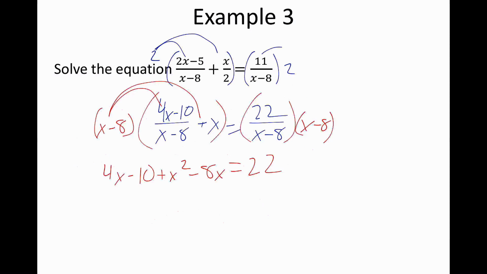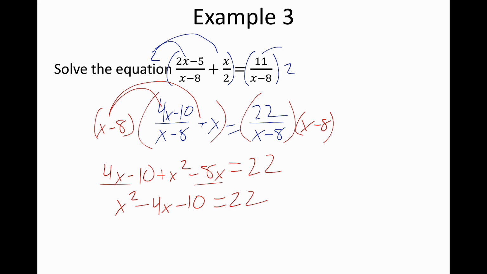We should probably clean that up a little bit. So putting this in standard form, we've got x squared, and then 4x minus 8x gives us a grand total of negative 4x, and then we also have that minus 10, all that equal to 22.